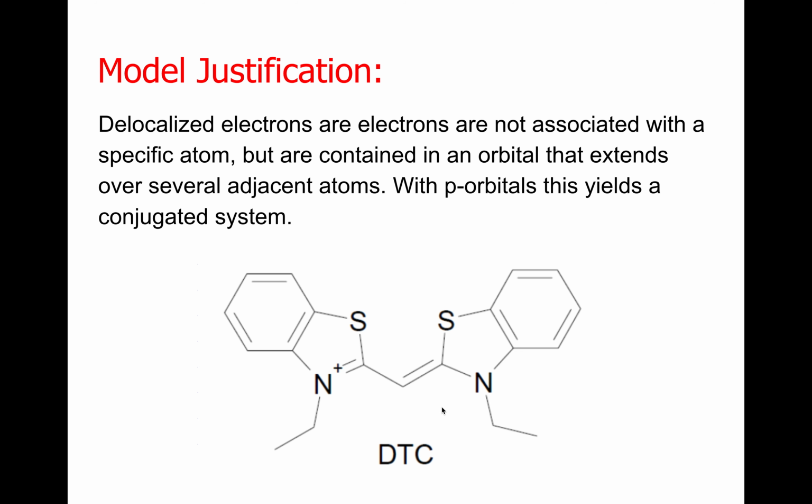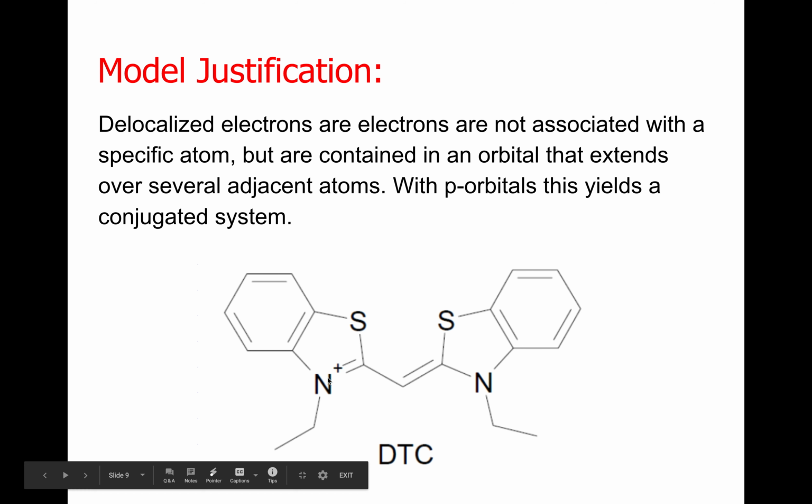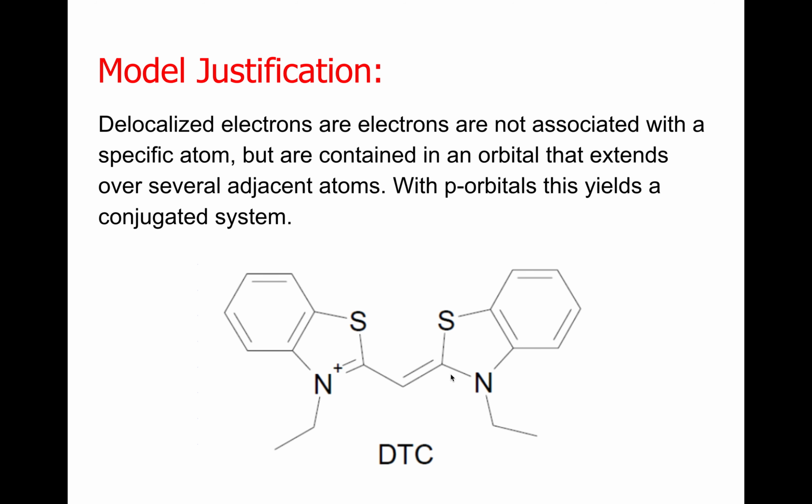You may read elsewhere that a model can be developed to restrict the electron from the nitrogen to the nitrogen, okay? But the delocalization of electrons is shown by electronic structure over the entire molecule, okay? Okay.